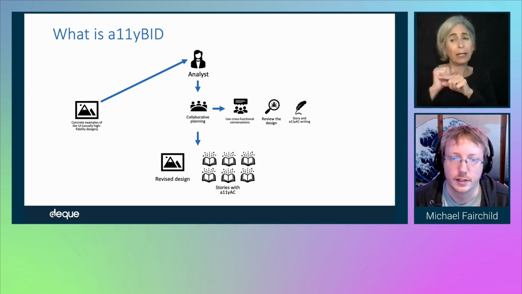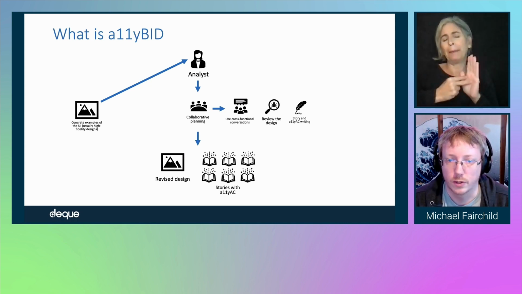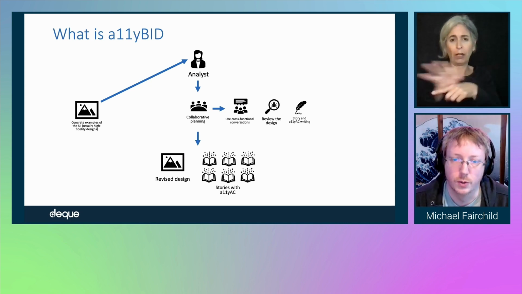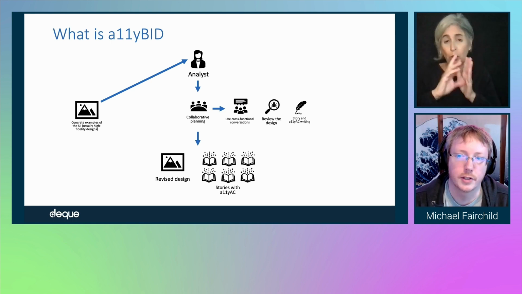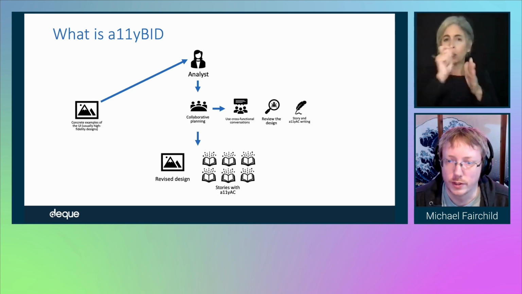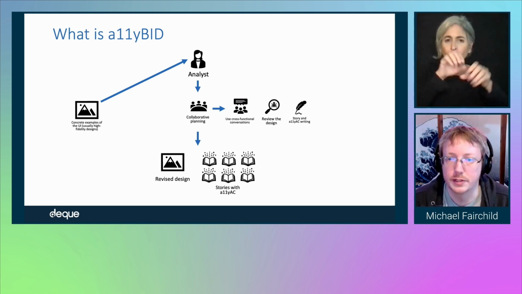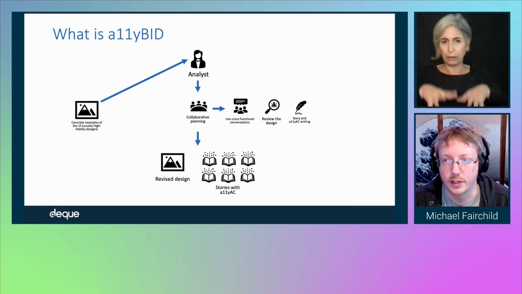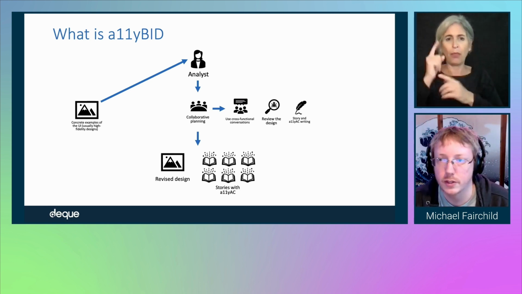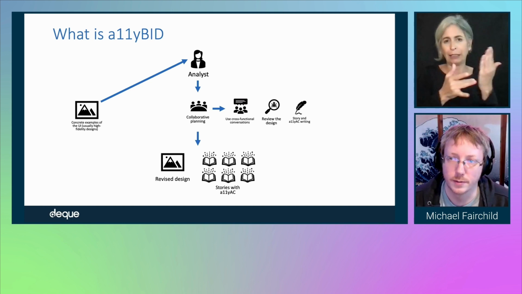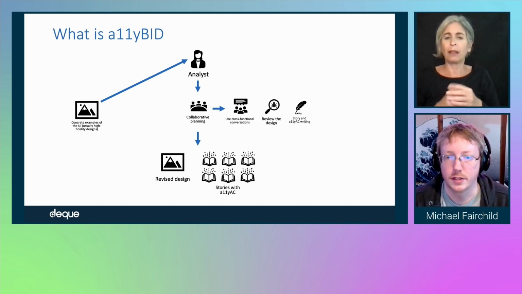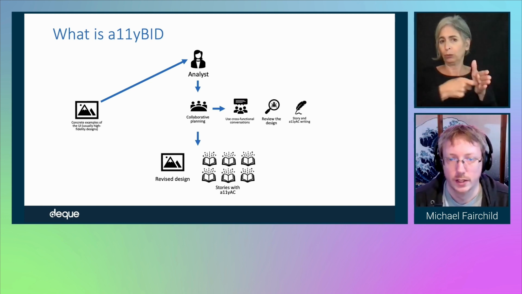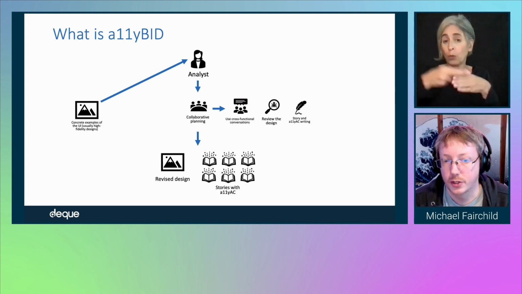It means that they'll use cross-functional conversations to review the design and actually write stories and include accessibility-focused acceptance criteria. And they'll think through the assistive technology experience of those designs and write them as acceptance criteria. The result is a potentially revised design.